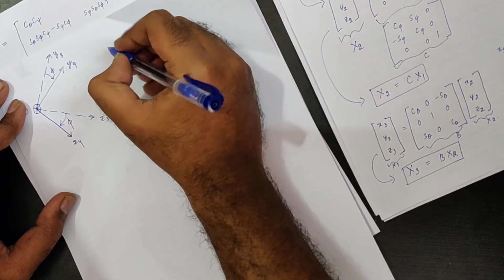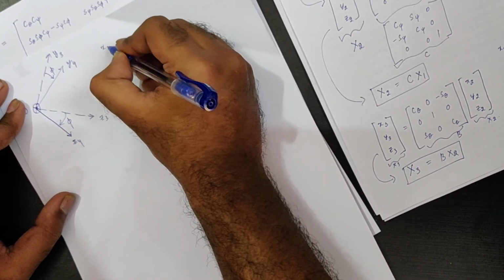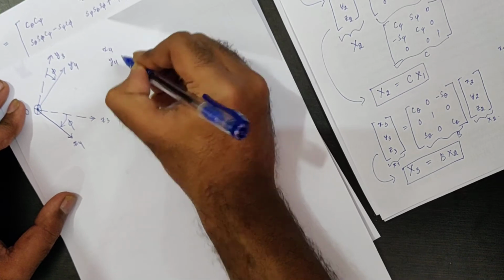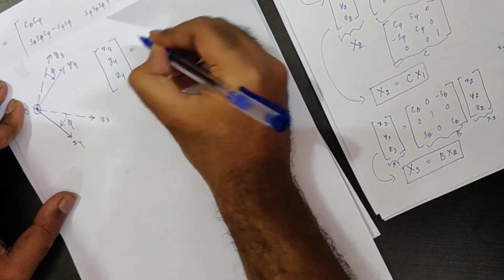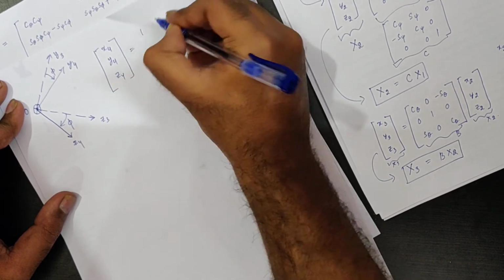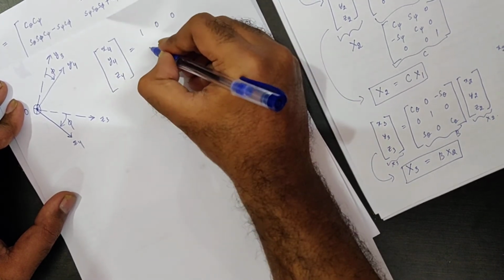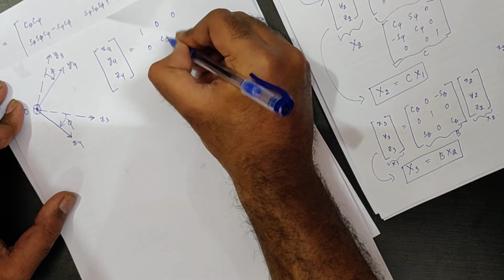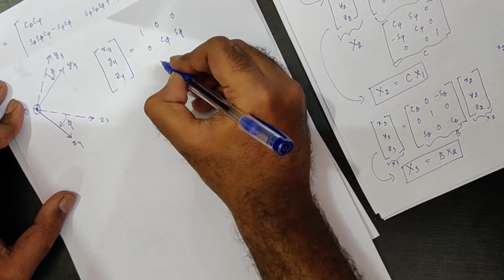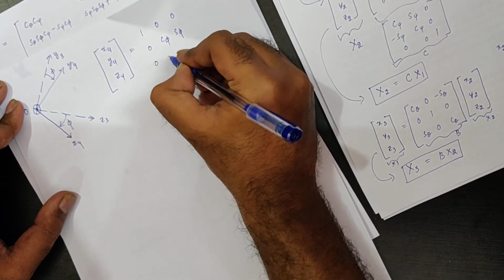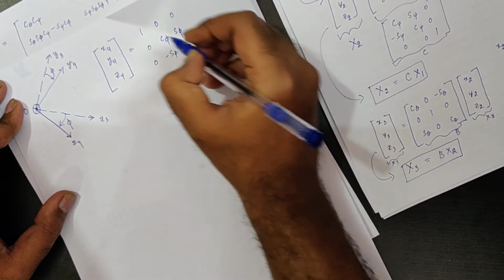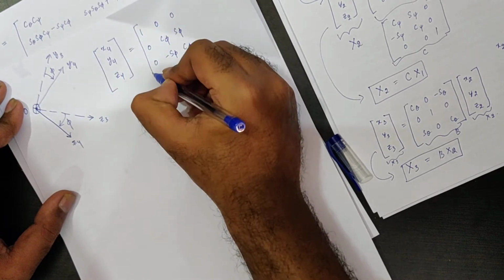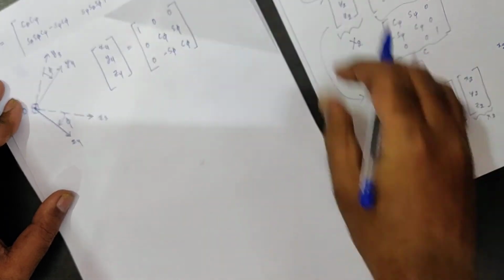Okay, so again similarly we can write x4, y4 and z4 as 1 0 0, 0 c phi s phi, and 0 minus s phi c phi, right?